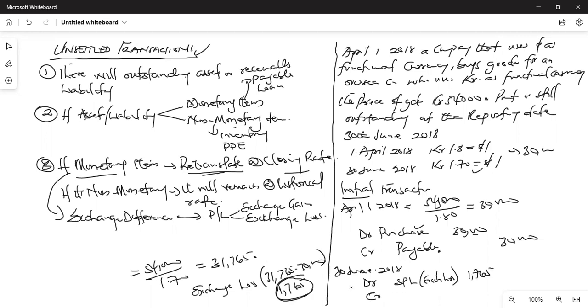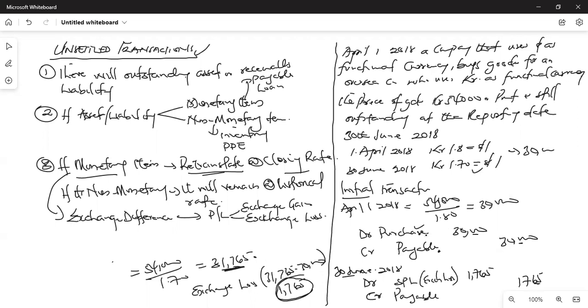And credit, because our value has increased, our payable with 1,765. So that at the end of the reporting date, we already have this in the system.